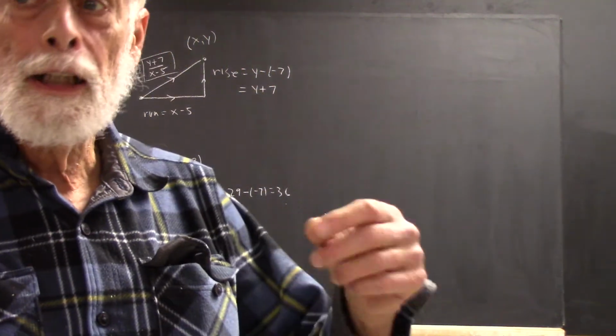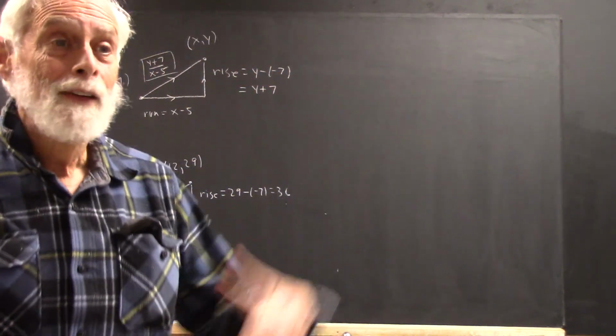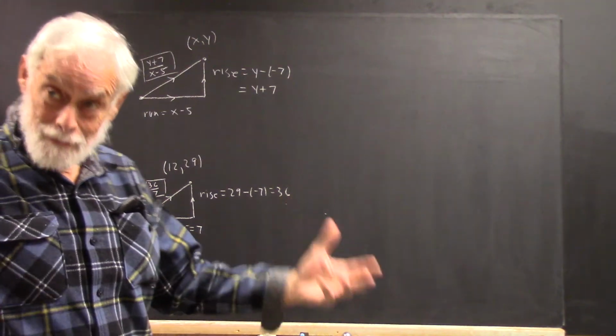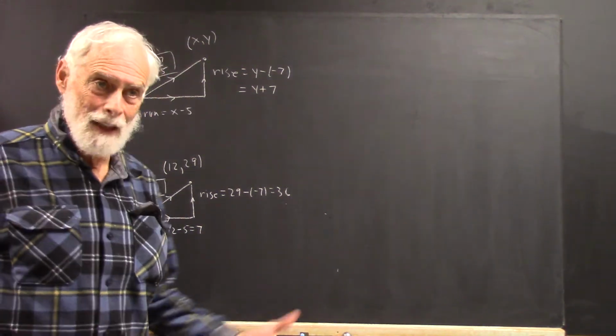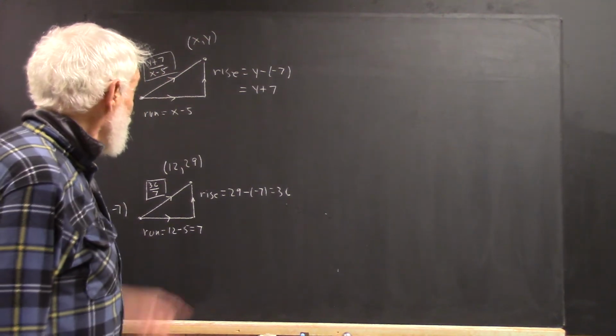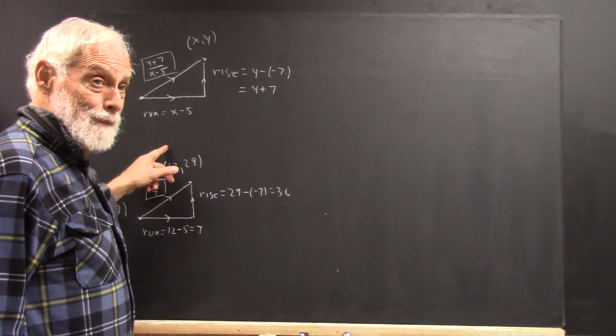Again, if you're documenting how you're getting your rise and your run, you're used to writing this minus this and this minus this, as I've recommended and actually kind of insisted on, right? And if you see this, you're much more likely to do this.